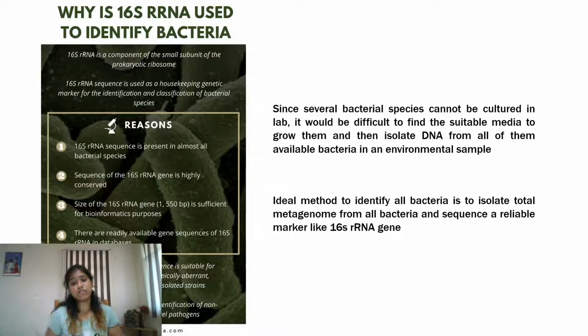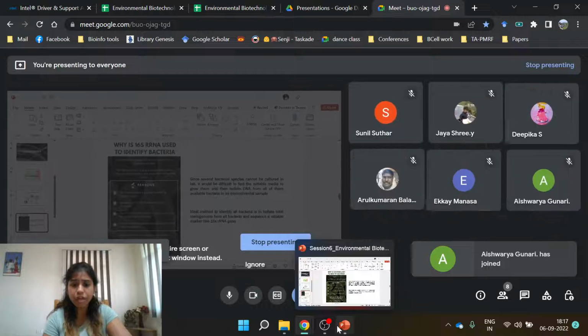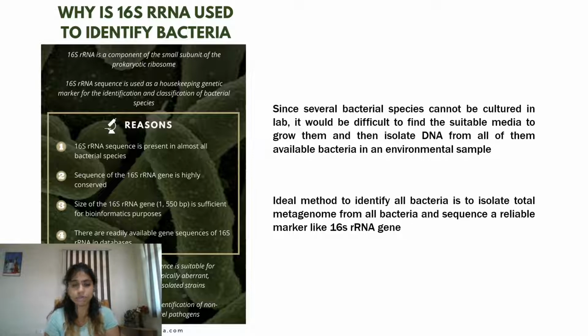Since several species of bacterial organisms or microbes cannot be cultured in the lab, it would be difficult to find a suitable media to grow them and then isolate DNA, because in the previous sections as well we have seen that we need to culture the cells and then collect all of them, isolate DNA, and then amplify specific regions using PCR, so that later on we can see genetically what strain or what organism they are. So this is how any conventional method of classification or phylogenetic assessment works for any organism, not just microbes.